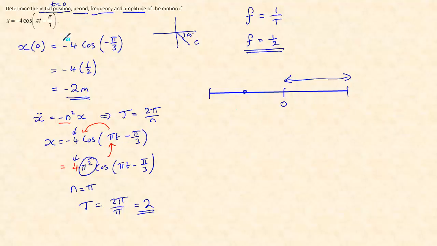If we look at the equation, the cos we know will go backwards and forwards between -1 and 1. So it's the number here that gives us the amplitude. So our amplitude is equal to 4 meters, of course. If it's in meters, we don't know, it could be in some other units, but usually it's meters and seconds.